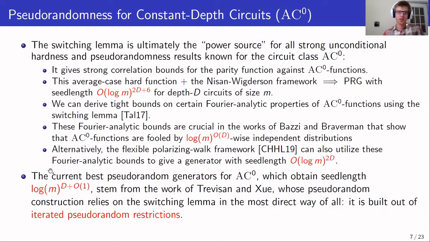And the current best pseudorandom generators for constant depth circuits, which get the seed length all the way down to log m to the d plus a constant, originate from the work of Trevisan and Xue, and their pseudorandom construction relies on the switching lemma in the most direct way so far. It's actually built directly out of iterated pseudorandom restrictions.